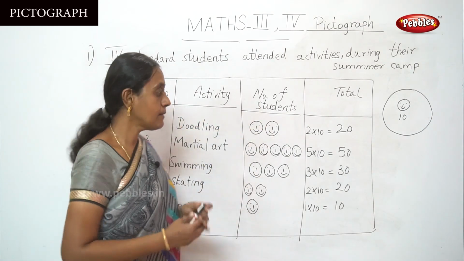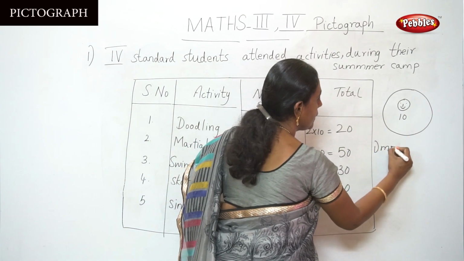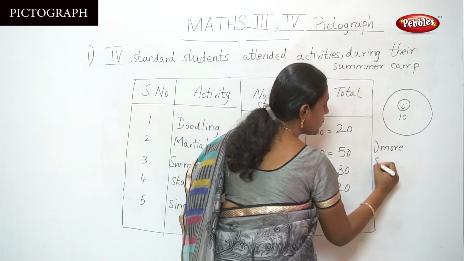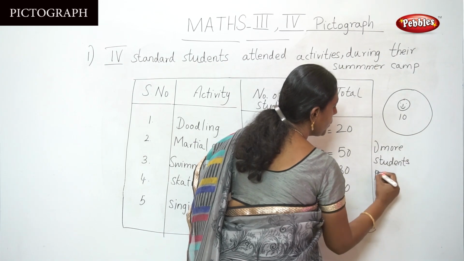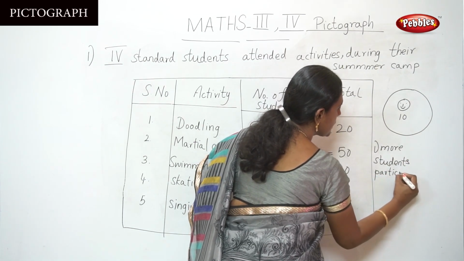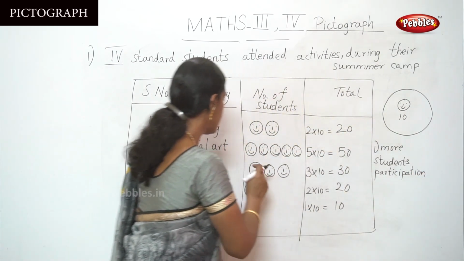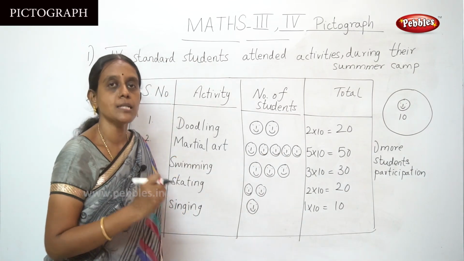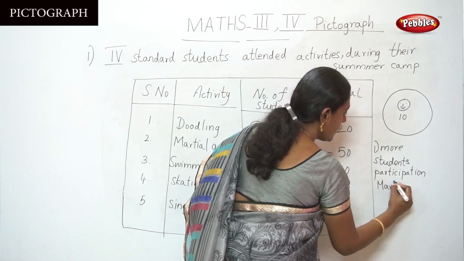So that is our answer for more student participation. I am going to write the answer here: more student participation, 50, denotes the activity martial art.